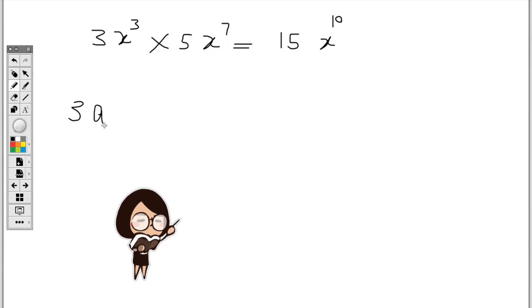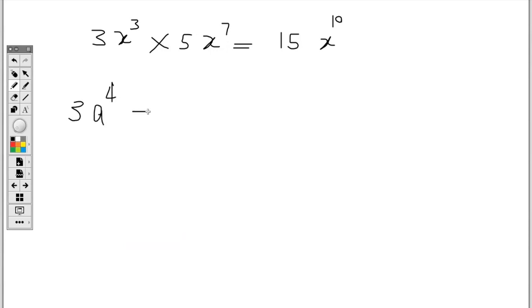So if I have 3a raised to the power 4 divided by 5a raised to the power 9, and because of division and this cannot be simplified, I'm just going to have 3 over 5. That's showing I'm dividing. But the next part I can simplify, write the base once and subtract the power. 4 take away 9.